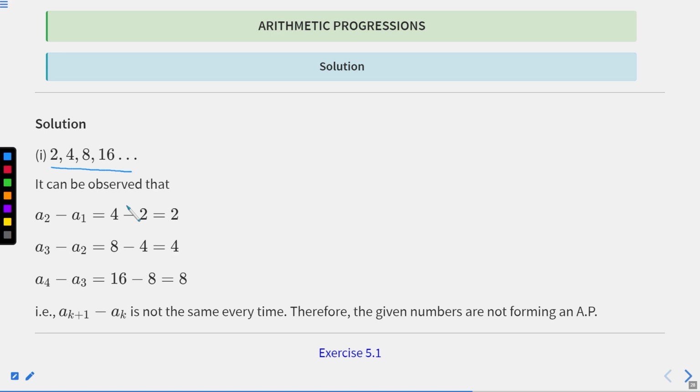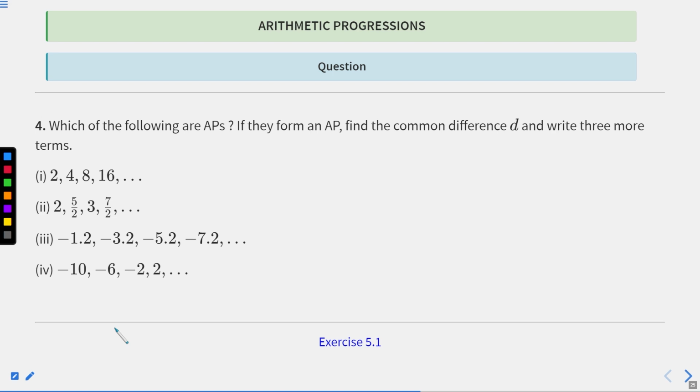And A4 minus A3 is equal to 16 minus 8, that is equal to 8. Okay, so A(k+1) minus A(k) is not the same every time. Therefore, the given numbers do not form an arithmetic progression. Okay, now let us see question number 2.